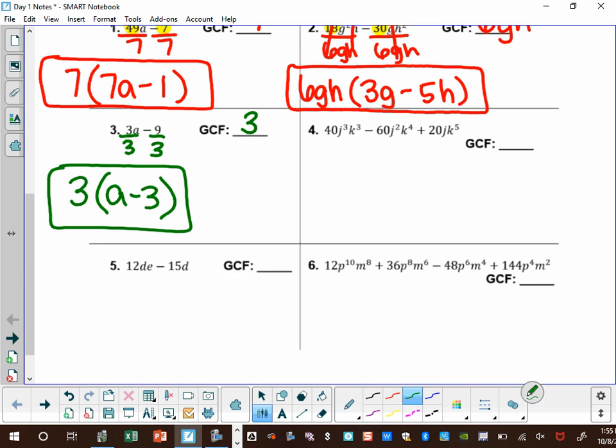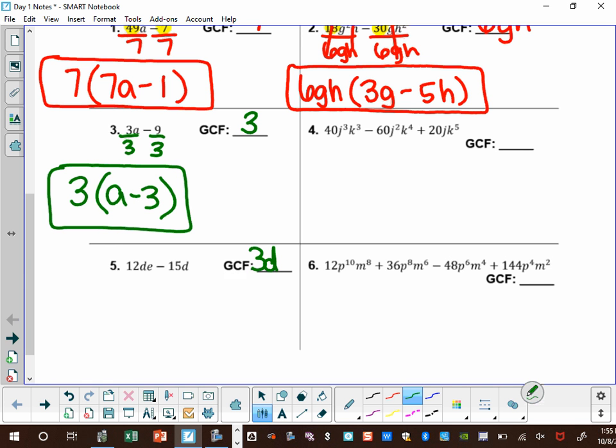Let's see, what did you get for your GCF, number 5? 3, and what about for your letters? Okay, so the 12 has DE and the 15 just has D. So my GCF will have 3D.